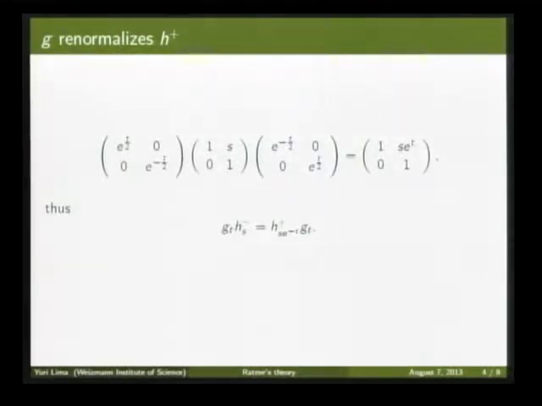So the conjugation of H_s plus with g_t is the same as the conjugation of g_t and H plus at some other time. And this other time is specific, is s times e to the minus t. Okay? So you can see that g_t is conjugating 2 horocycle times of the horocycle flow, H_s and H_{s e^{-t}}. So we have that. Okay, so the conclusion is that H plus has zero topological entropy.